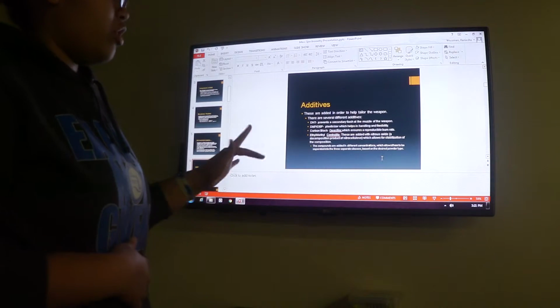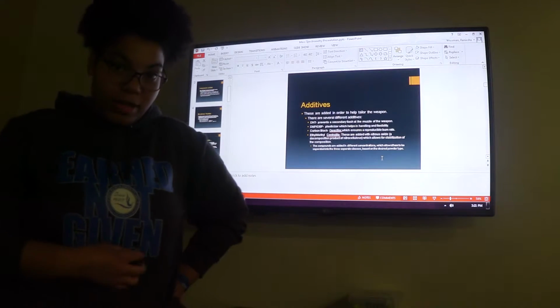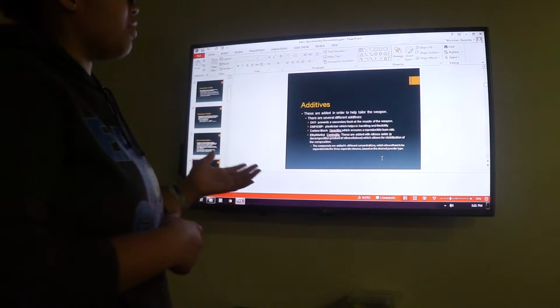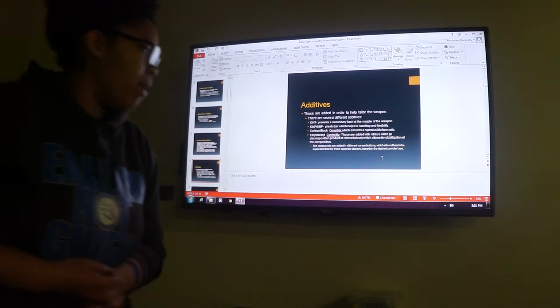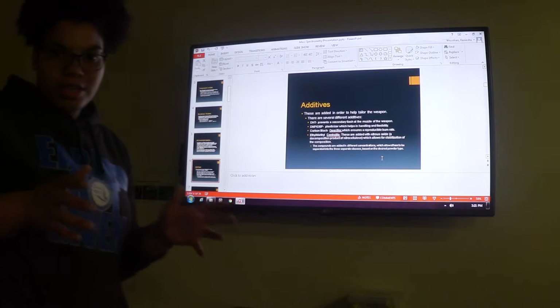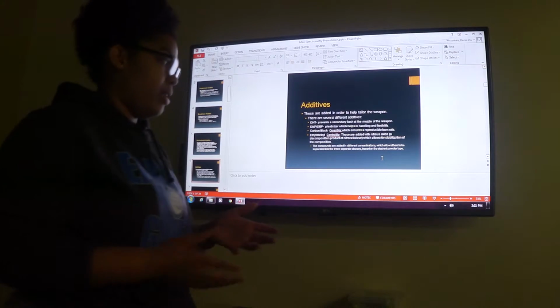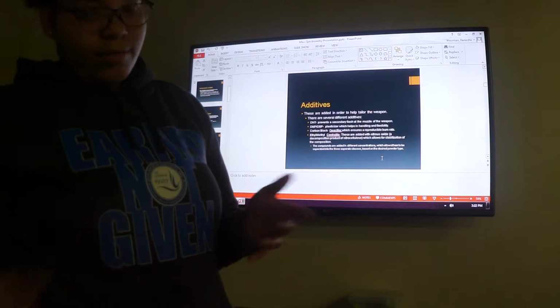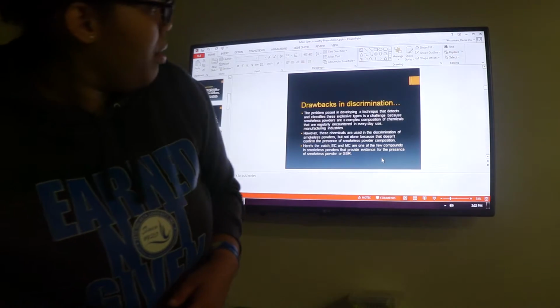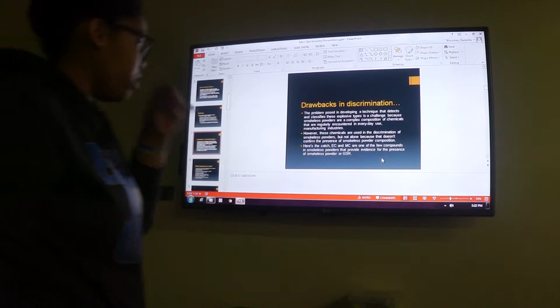These are added to react with the nitrogen oxides from the decomposition of nitrocellulose, and that allows for the stabilization of the composition. These are added in different concentrations, which also allows us to differentiate the three classes of smokeless powders, which I discussed: single, double, and triple.